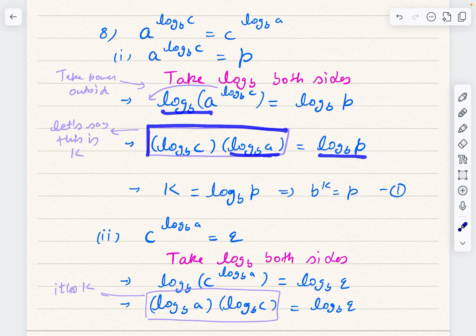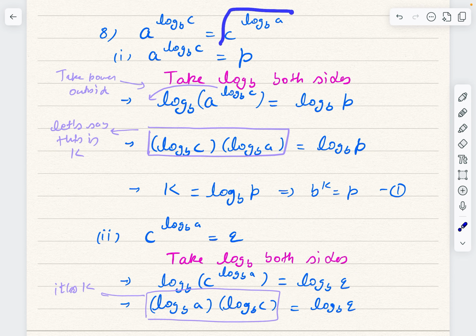Let us just say this thing to be K for now. So you get K is equal to log base B of P, and then again if you take anti-log, you get B to the power K equal to P. Just leave it as the first equation.